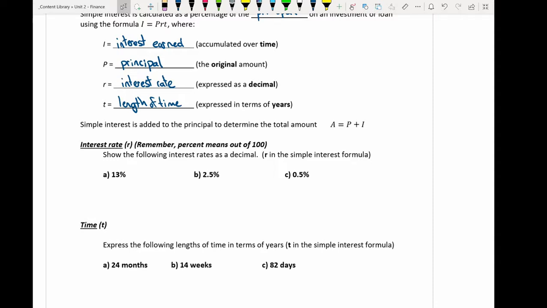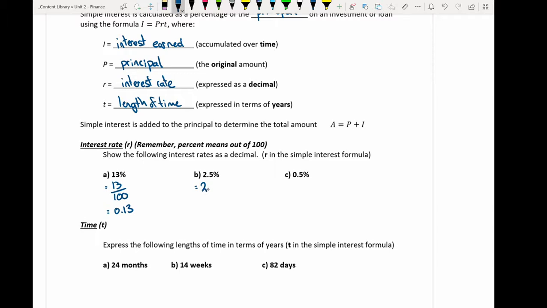Remember the interest rate, or R. In the question, it will be given to us as a percent, but we need to turn it to a decimal for the formula. Remember that percent means out of 100, so if I want to turn 13% into a decimal, I have to do 13 divided by 100, which gives me 0.13.